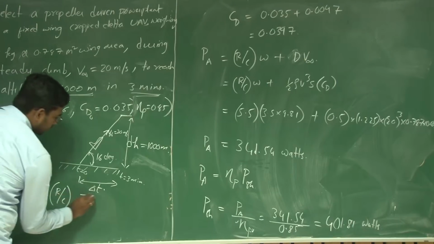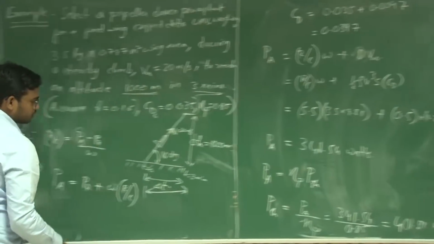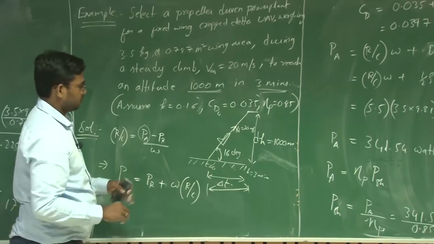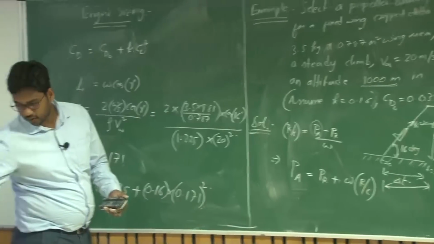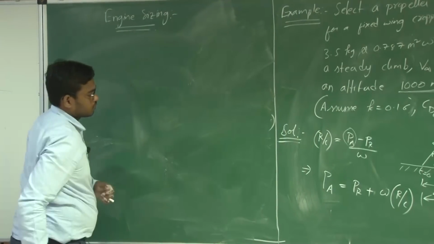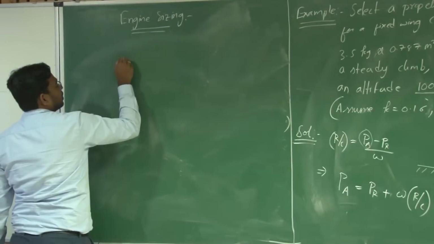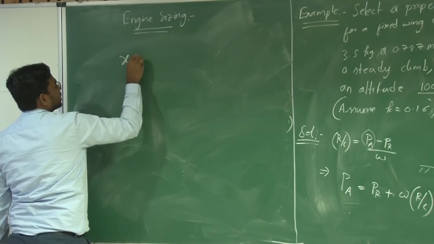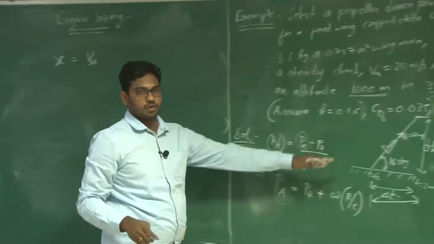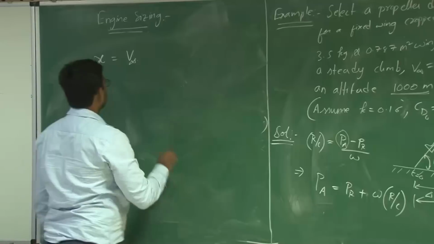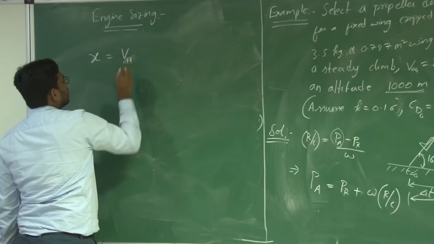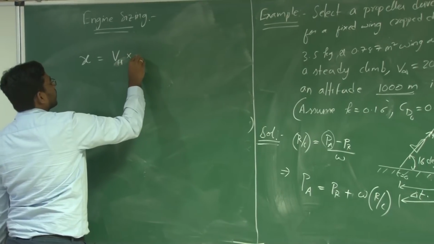So, what do you think is the horizontal distance covered during this climb, right? You can also estimate that horizontal distance here. So, the horizontal distance travelled, let us say x, is equal to, since we are climbing with a constant velocity, the horizontal component of velocity into delta t.